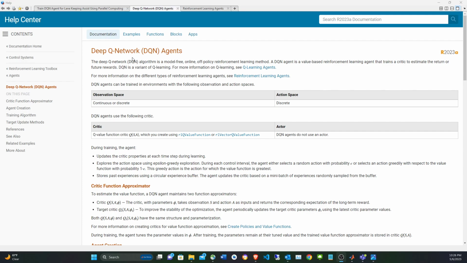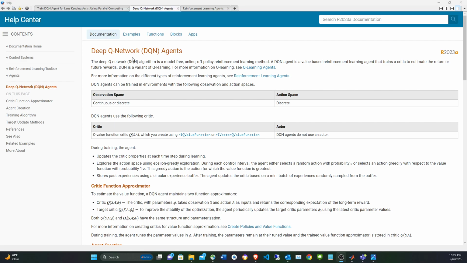So basically, the agent bases its actions, its decisions, solely on this function. It's going to go in the direction that maximizes the long-term reward, which is the value predicted by this Q function. The DQN agent works for continuous or discrete observation spaces, and it works only for discrete action spaces.